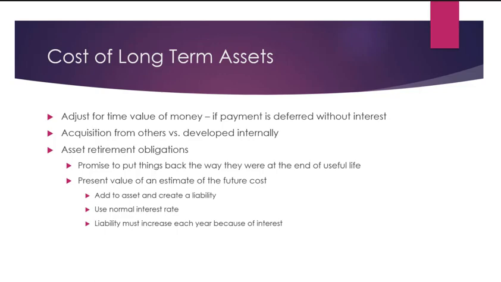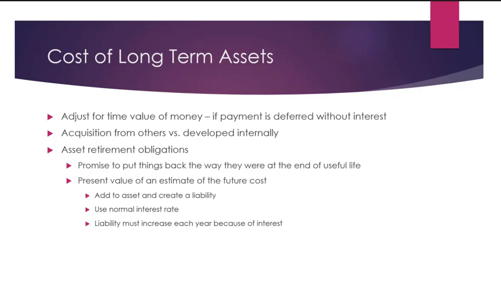So if the mine costs you $1 million, but you have a $500,000 asset retirement obligation, you take the present value of that $500,000, then you add it to your asset. So now the asset, the mine, would be the cost plus the present value of that asset retirement obligation.